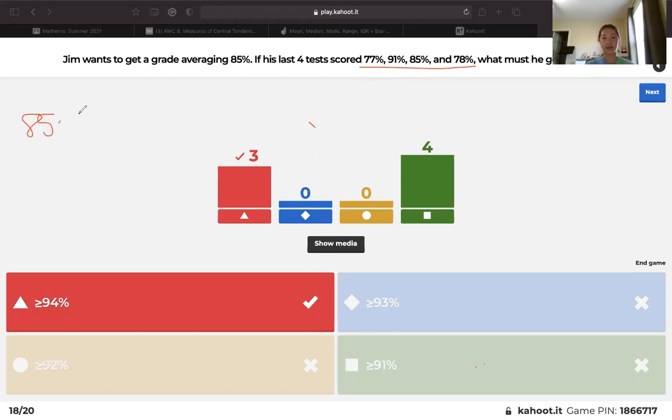I'm not actually going to do this this time, but 85 times 5 minus all of these numbers added up. And you would just have to calculate this expression, which would give us this number. No, that's a minus, by the way.